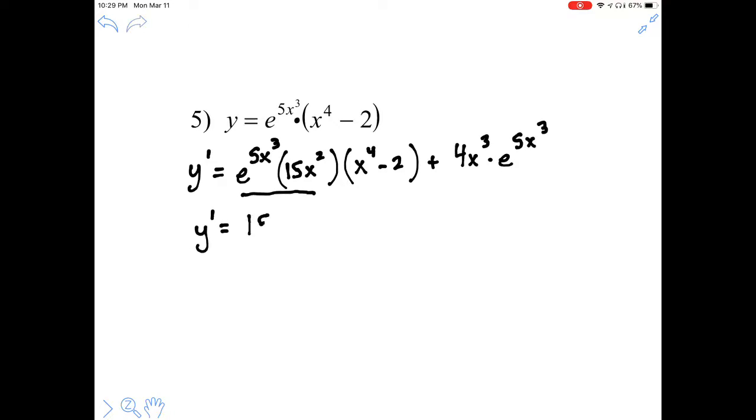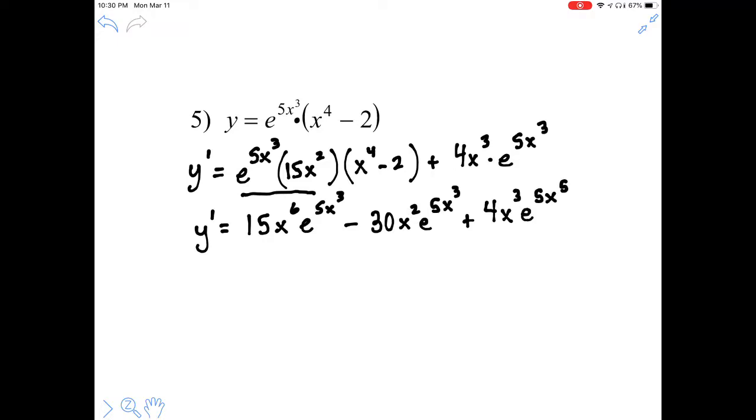So that's going to be 15x to the 6 times e to the 5x cubed, minus, now multiply it with a 2, we're going to get 30x squared e to the 5x cubed, plus, and then just add that term there, 4x cubed e to the 5x cubed.